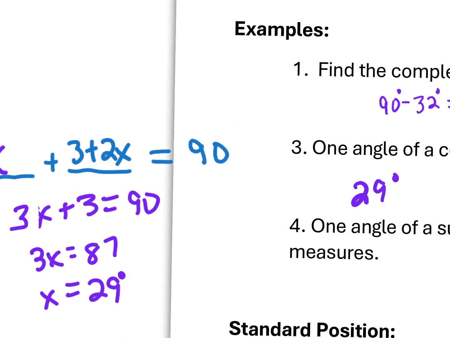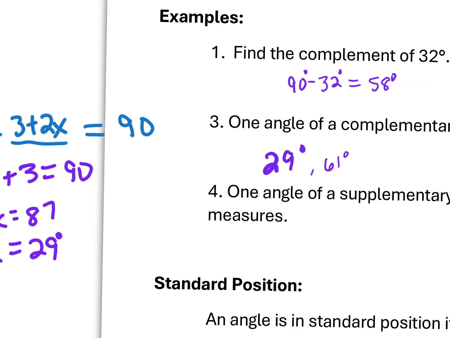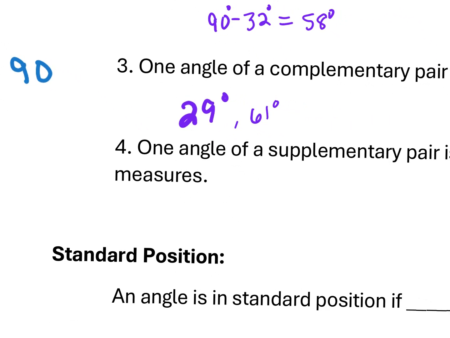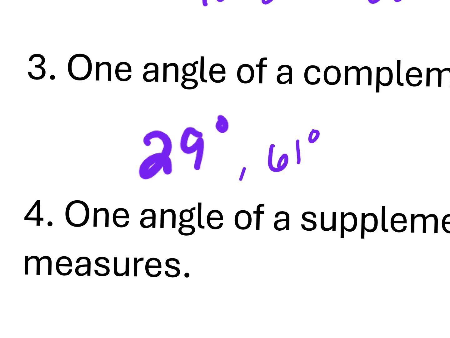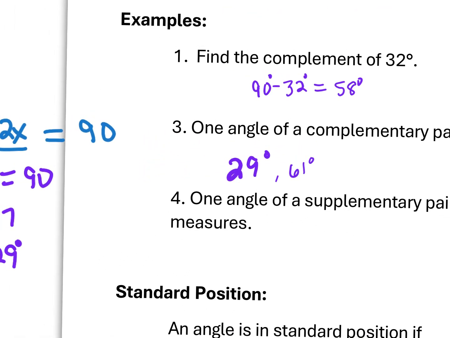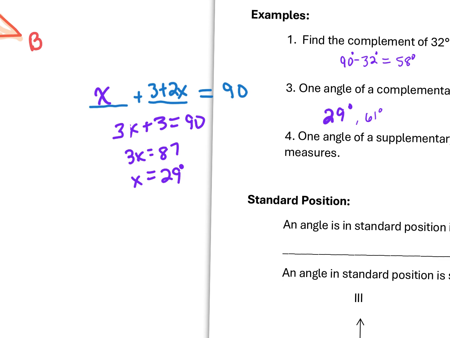So 29 times 2 is 58 plus 3 is 61. Then when you get these answers, as a check, you can add those together and see that you're getting 90. If you just go straight from 29 and say 90 minus 29 is 61, then you can't really check to make sure you haven't made a careless mistake. So, for what it's worth.